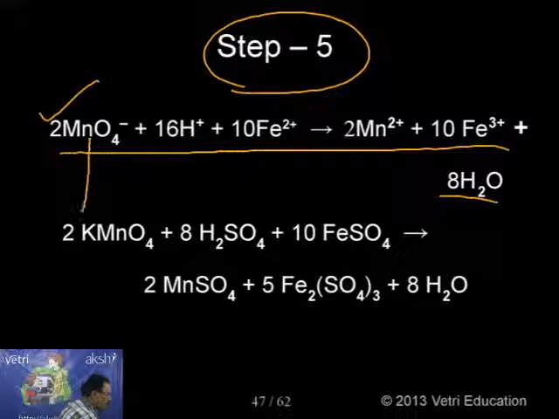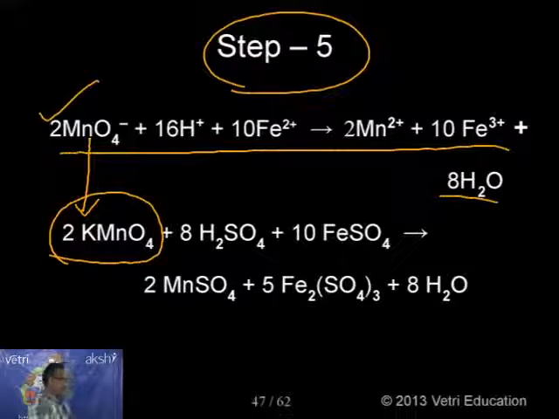So MnO4⁻, from the original equation, is nothing but 2MnO4. Instead of 2MnO4⁻, I am introducing 2KMnO4, because the MnO4⁻ ion comes from potassium permanganate. So I am putting the number 2 there.